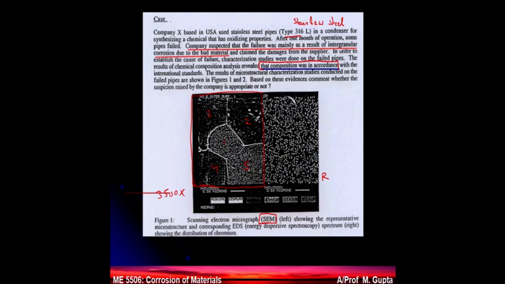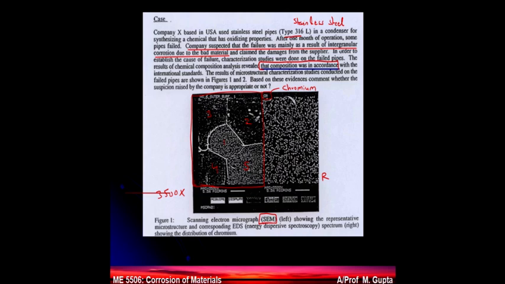So we wanted to do the mapping of Cr. Cr stands for chromium. Because chromium is an element which gives chromium oxide, and chromium oxide is a protective oxide. So we want to see how the chromium distribution is across this whole area, which includes the grain and the grain boundary.